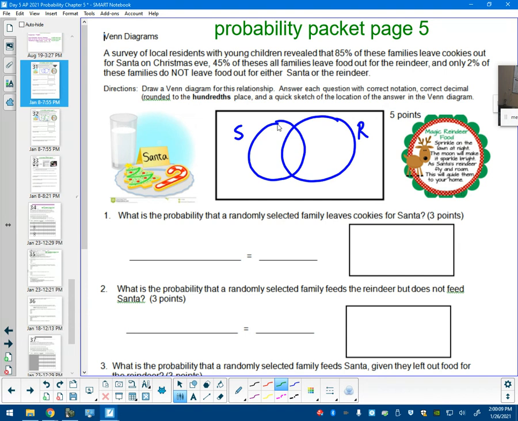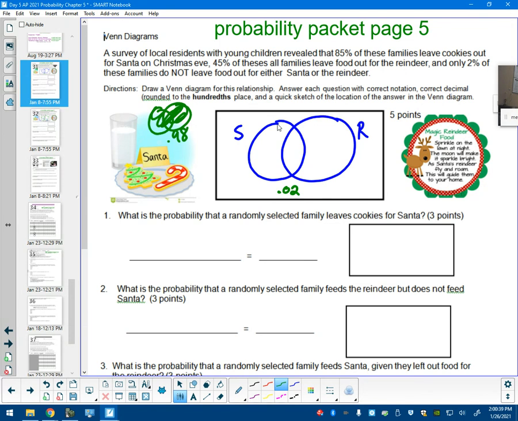Yep, 0.02. 2% of people don't leave any food for Santa or his reindeer. And if that's true, then what does my double overlapping circle have to all tally to? 0.98. This whole stuff right here has to be 0.98.